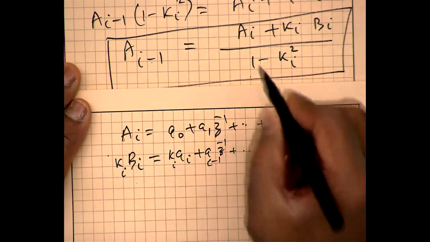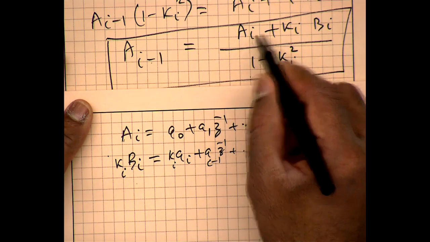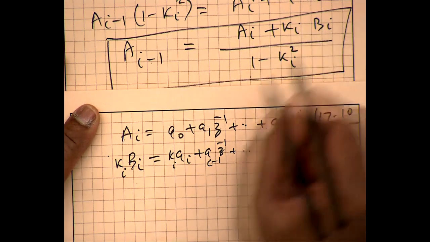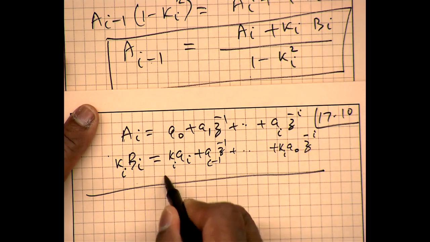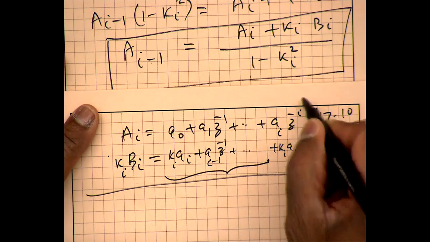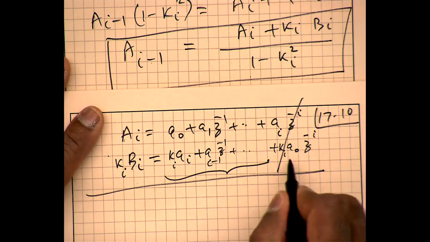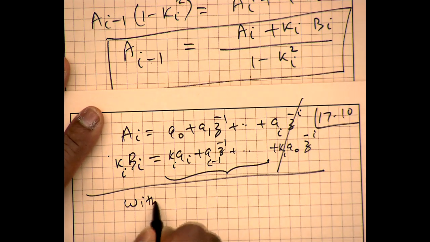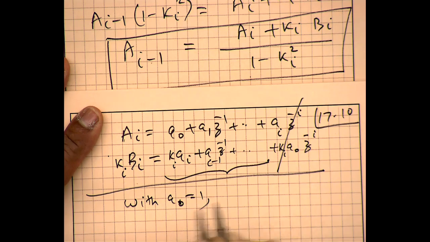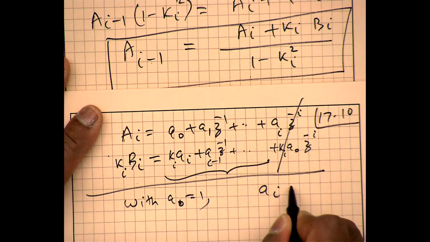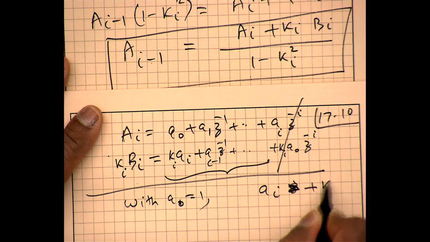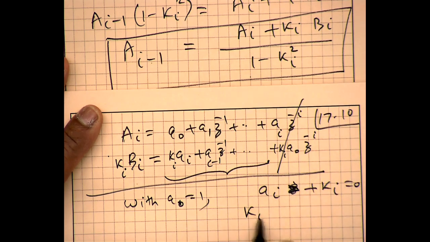So what is the goal? We add A_i to K_i times B_i, and when we add them, this becomes a degree i minus 1 polynomial, which means these two terms must cancel out. So if I assume A_0 equal to 1, A_i plus K_i must equal 0, meaning K_i is equal to minus A_i.